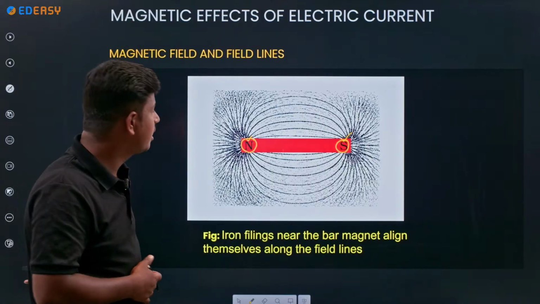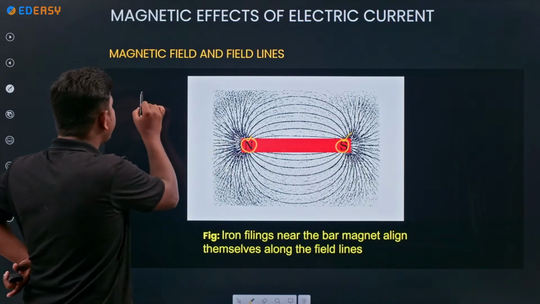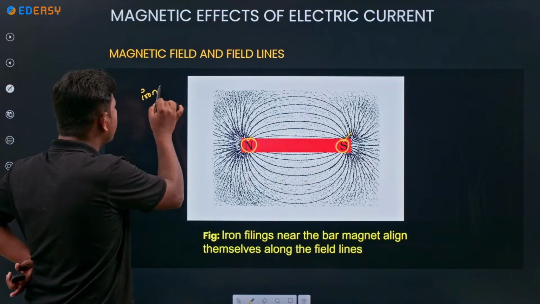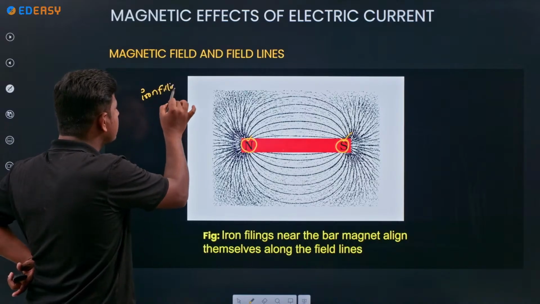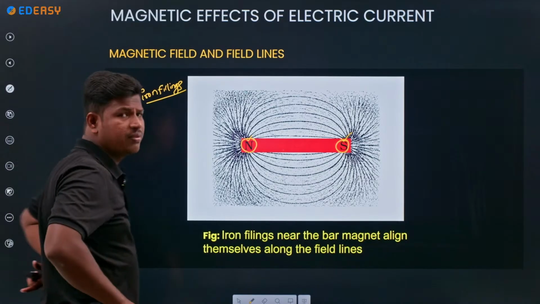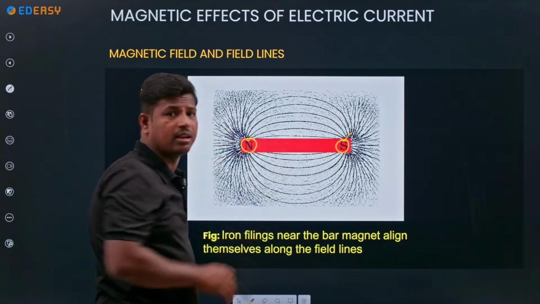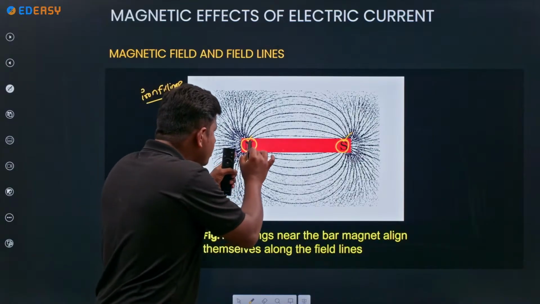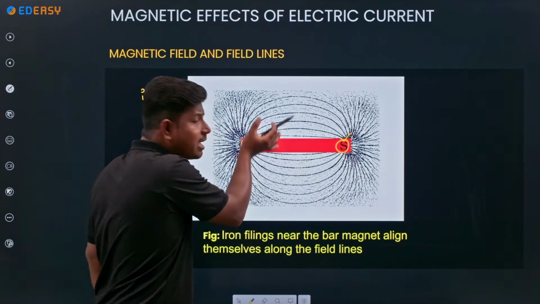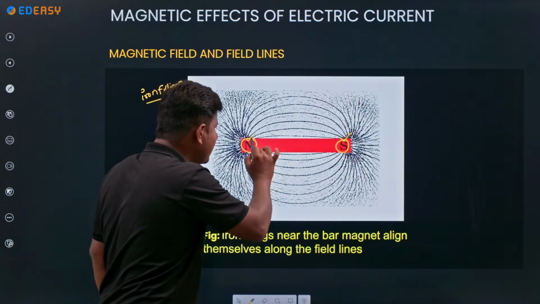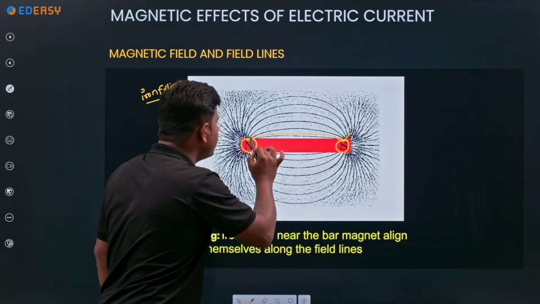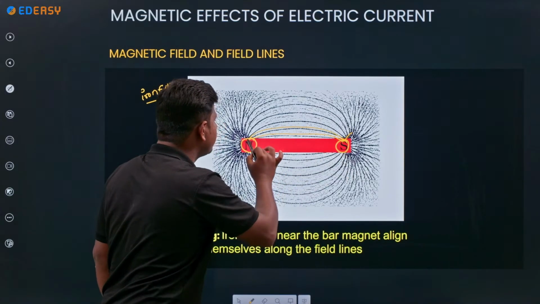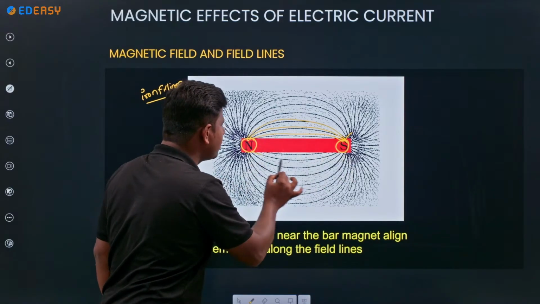If you place iron filings around the bar magnet, what happened? It produces a field. See how it looks. It's like a field. Where is it traveling to?